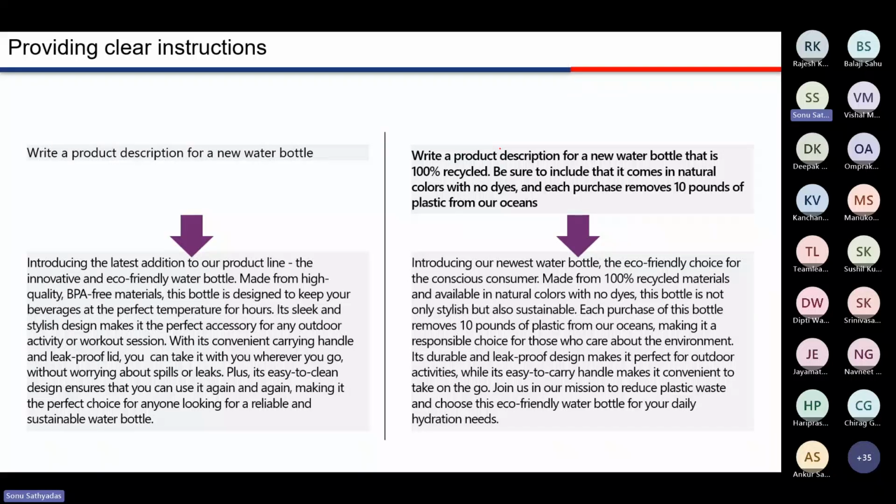So now the model is understanding, okay, this bottle has some special features. Let me include that information inside the description. So now when you generate the description, it is including those features. That means this is more relevant than this one. So that is providing clear and specific instructions.